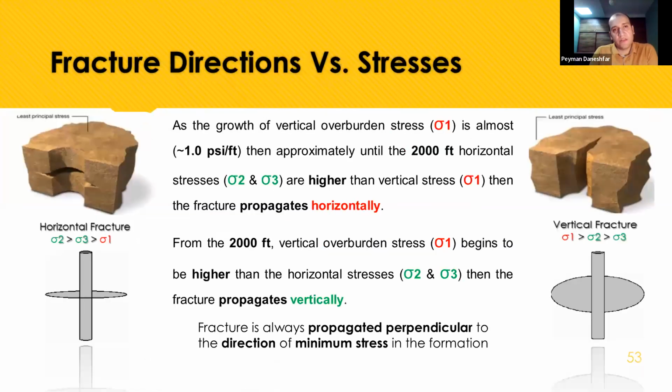Now I want to tell you about the fracture direction with stresses. I told you before that the gradient of the vertical stress is about 1.0 to 1.50, approximately until 2,000 feet, or 500 meters approximately.